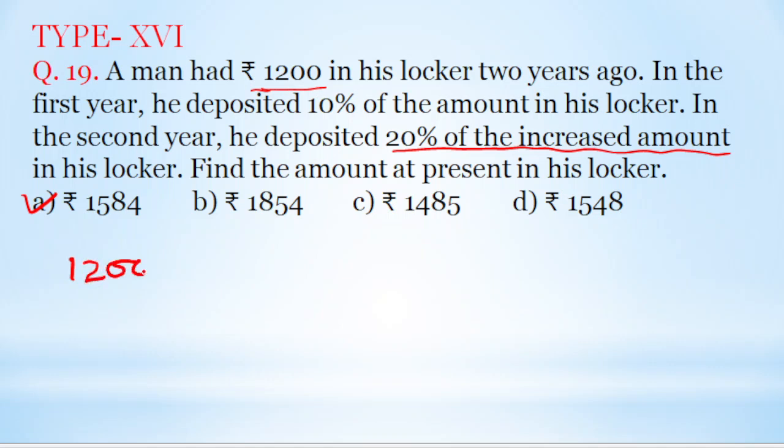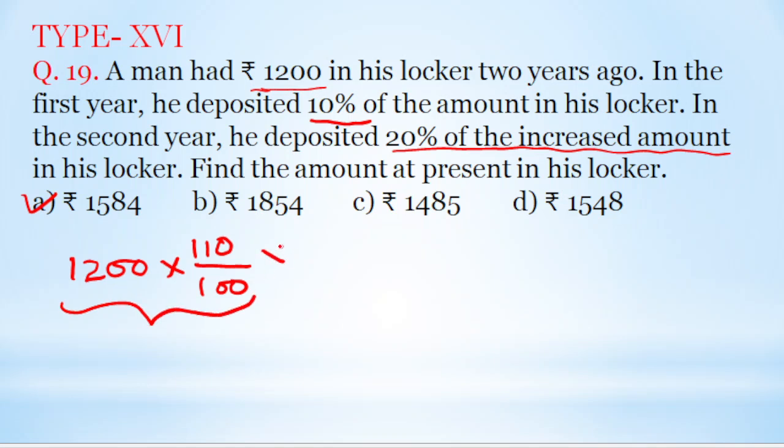So I have to write here 1200 into, after first year, the man's amount is, as he deposited 10% of the amount, 1200 into 110 divided by 100, because this is increased. That means he has more amount after first year. So that's why here it is 110 divided by 100. This is the amount after first year.